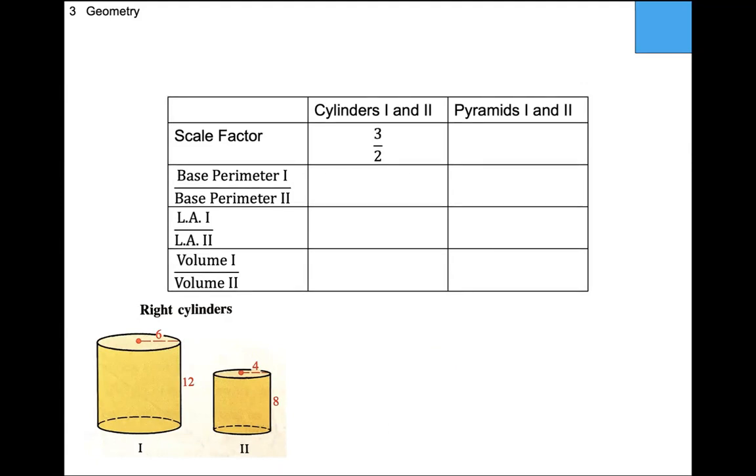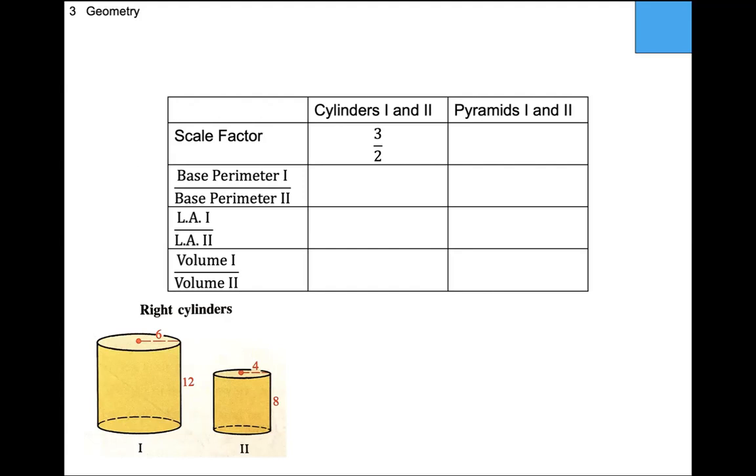Next row says, give me a ratio of the base perimeter. The cylinder's base is a circle, so the perimeter is the circumference, which is 2 pi r. Once again, I'll do shape 1 to shape 2.